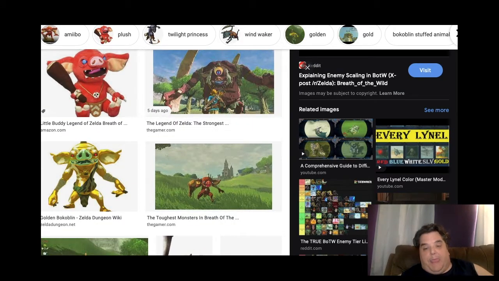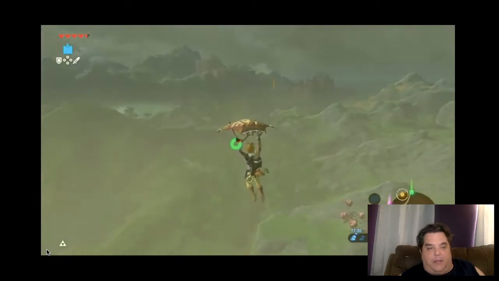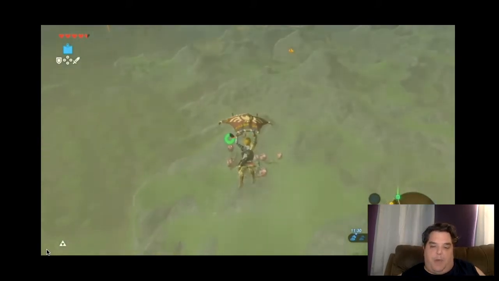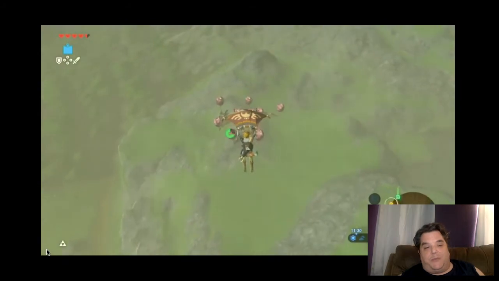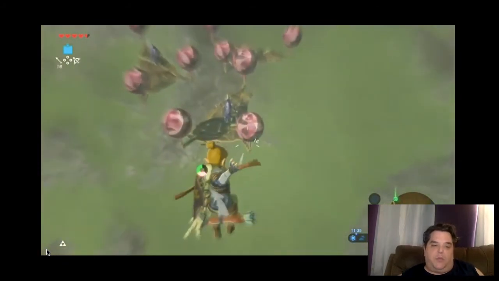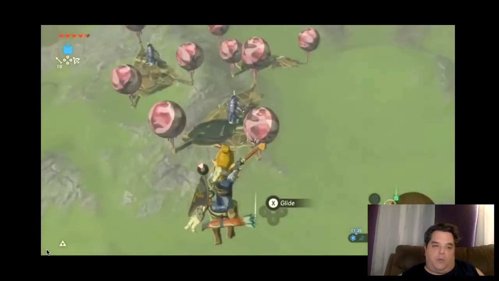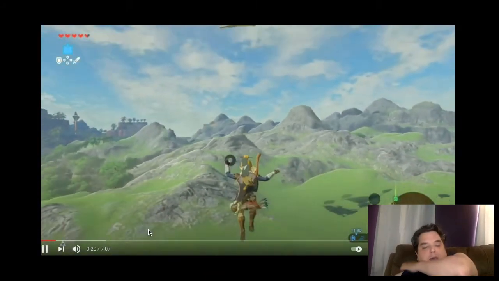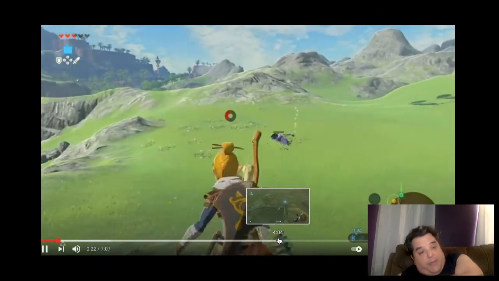And then finally, we have master mode. This deals with the replayability, because even if you've beaten the game, you can go back into the downloadable content, the DLCs, and you can access, among other things, master mode.